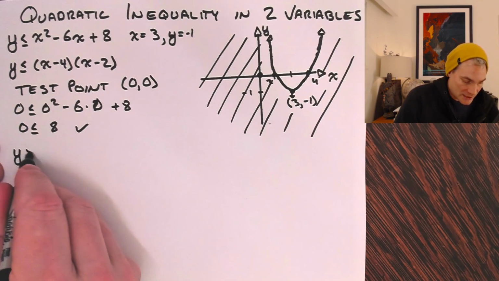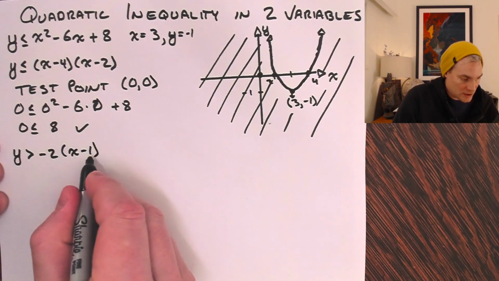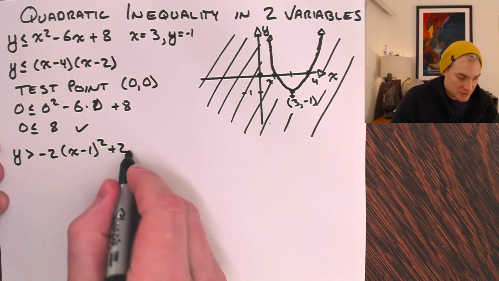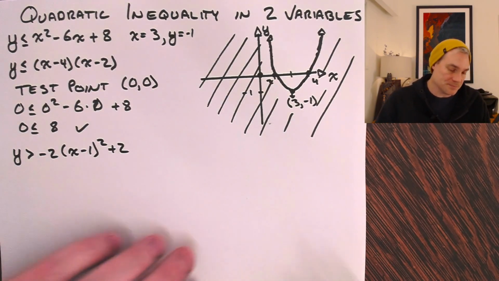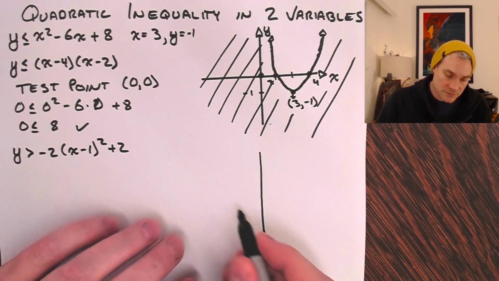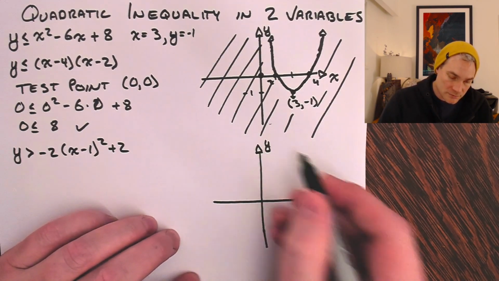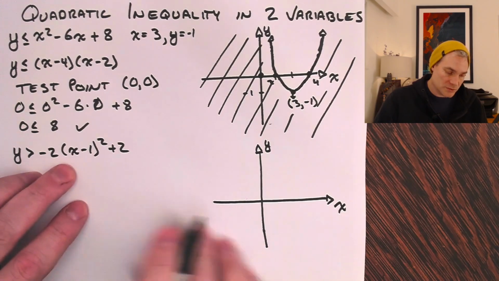So we have y is bigger than negative 2 bracket x minus 1 squared plus 2. So this is our vertex form. And we're going to draw the graph out again. So we know our vertex.